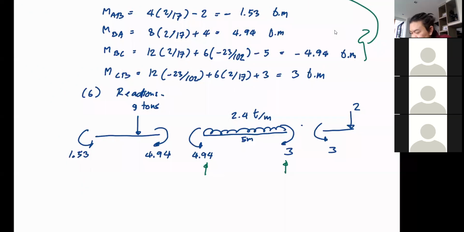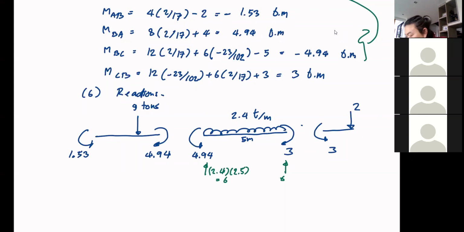So it's 2.4 multiplied by 2.5, that's 6. This is the reaction due to the load alone.